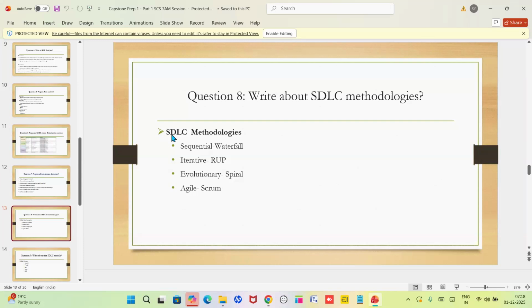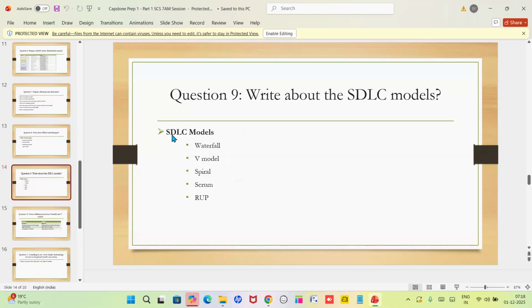Here we are having four types of methodologies: sequential, iterative, evolutionary, and agile. In sequential we have the waterfall model. And for models, we need to know what a model is and the types of models, like waterfall model, V model, spiral model, Scrum model, and RUP model. These are the things we need to go through in questions 8 and 9.